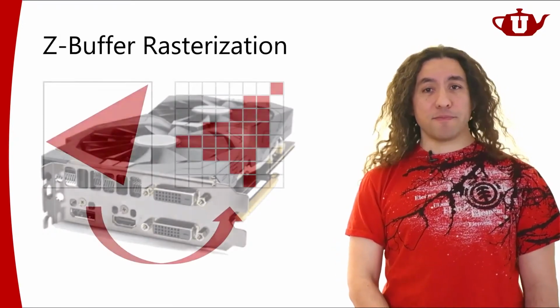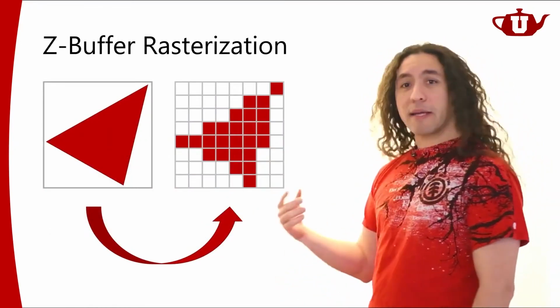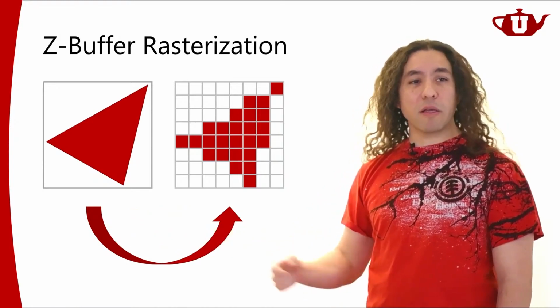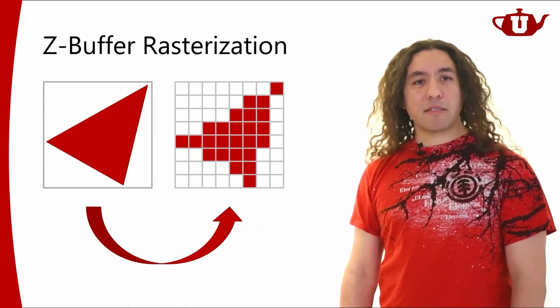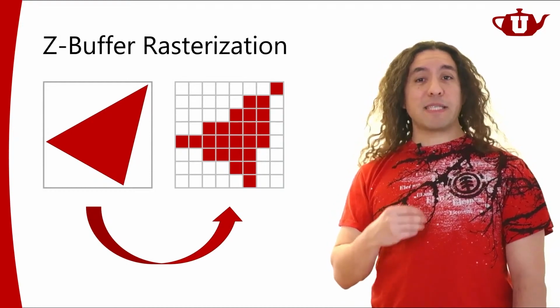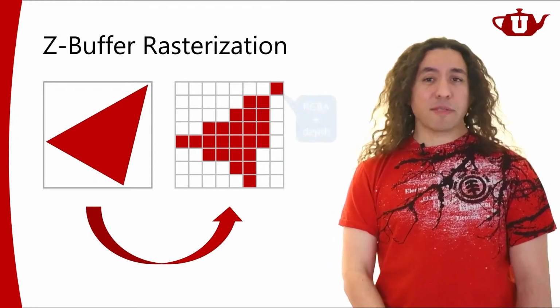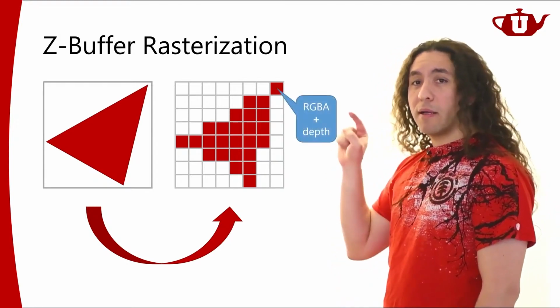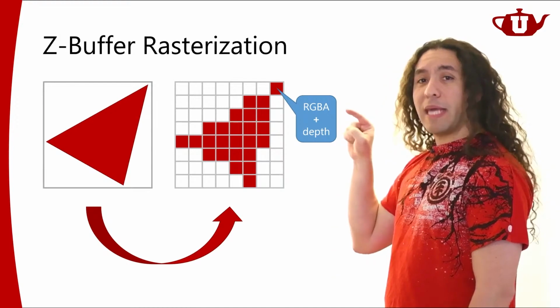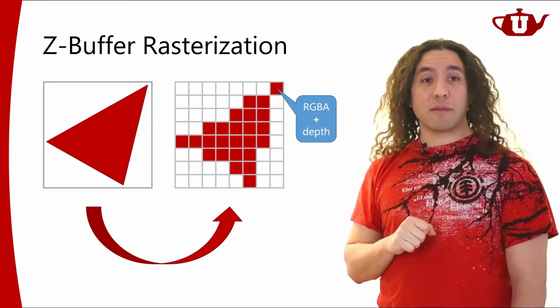And here's how it works. Again, it's a rasterization-based algorithm, so it's going to take triangles in the canonical view volume, and it's going to generate a raster image like this. The problem it solves is the visibility problem that the painter's algorithm could not solve. The way that it solves that problem is by storing, along with the color, that is RGBA, a depth value for each pixel.